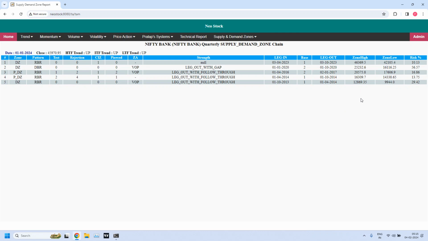That means both the zones are overlapped. It is zone confluence of two different time frames. That means a quarterly zone and a 6 month zone are having zone confluence. So this is the most recent demand zone, created on October 2023.